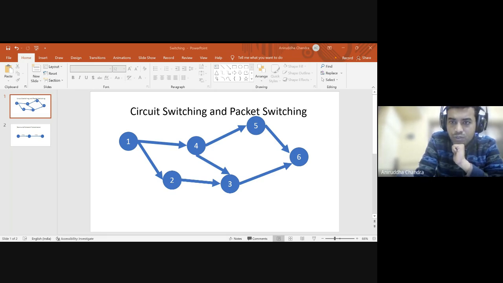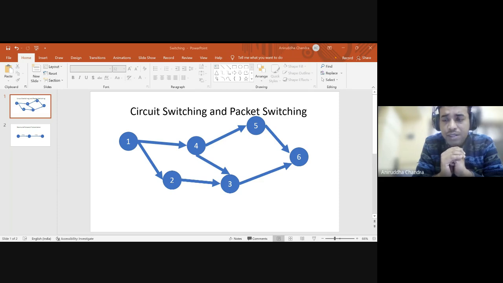Yes. So we have got 3 possible paths, I guess. And that too because I think the link between 4 and 3 I have shown as unidirectional. That is, we can only go from node 4 to node 3. The arrow is in such a way. Suppose the arrow is bidirectional, then probably there can be another path like 1, 2, 3, 4, 5, 6, something like that as well.